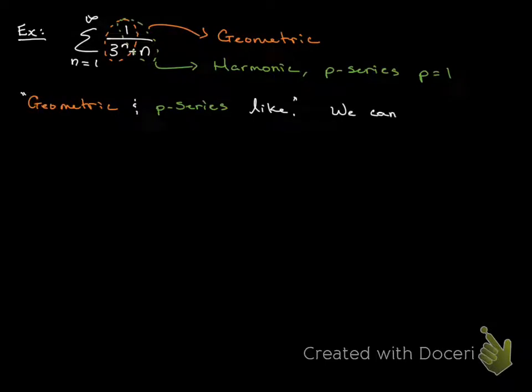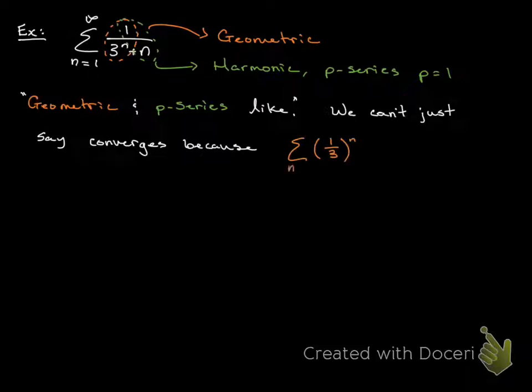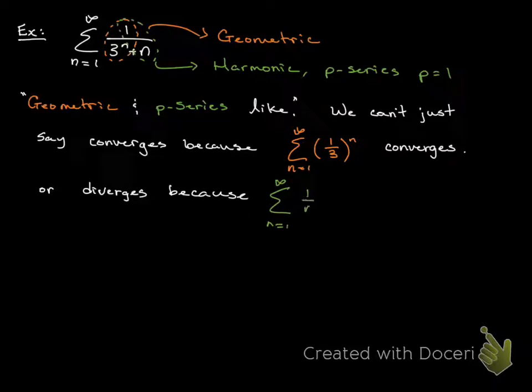But we can't just say that this converges because the geometric series converges, or diverges because the harmonic series diverges. First of all, that's contradictory. We can't have both convergent and divergent; it's one or the other.